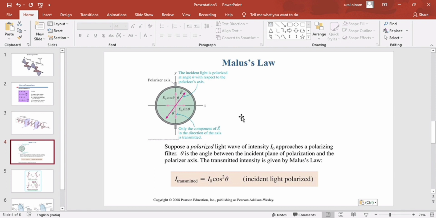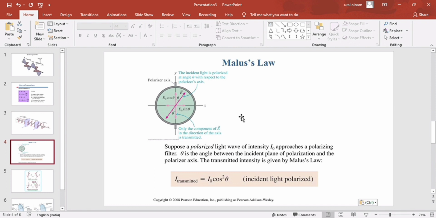The axis of the polarizer is the axis along which the maximum of the light that matches this axis passes through, while blocking the rest that does not match it.